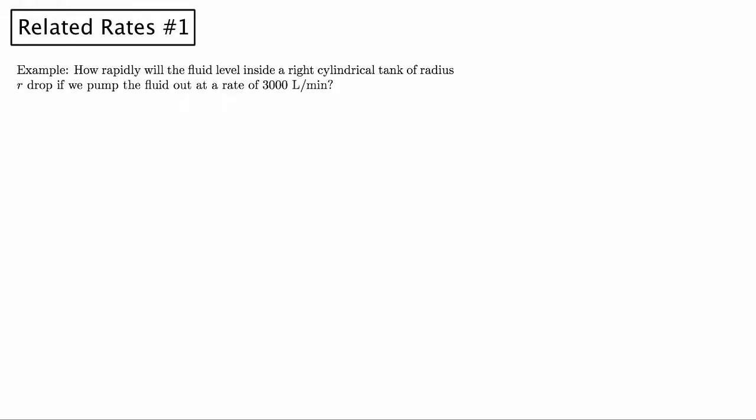Welcome to another podcast. In this episode, we're going to be taking a look at what is called a related rates problem. Related rates problems are one of the more important applications of the derivative and specifically the chain rule.